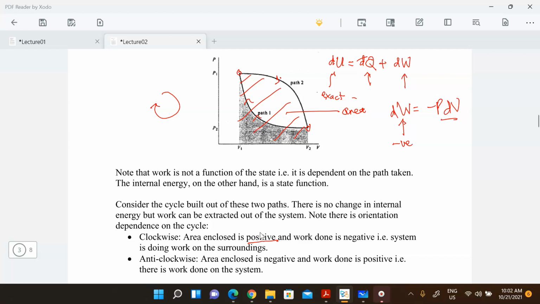So what about anti-clockwise? Anti-clockwise would be going the other way around, so this would be going this way. This is anti-clockwise, and this is clockwise.